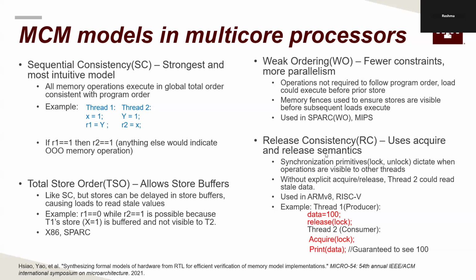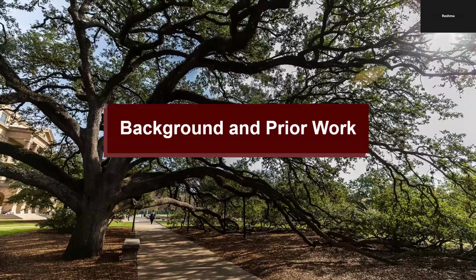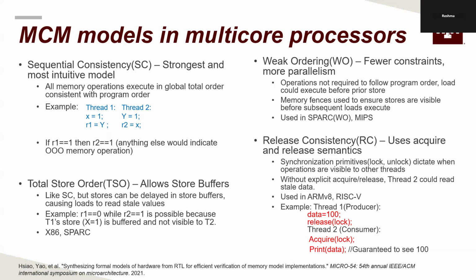The last model we'll be discussing is the release consistency, RC model, and this uses acquire and release semantics, or primitives such as lock and unlock, which dictate when memory operations must be visible to other threads. The example here shows two parallel threads, one the producer and another the consumer.